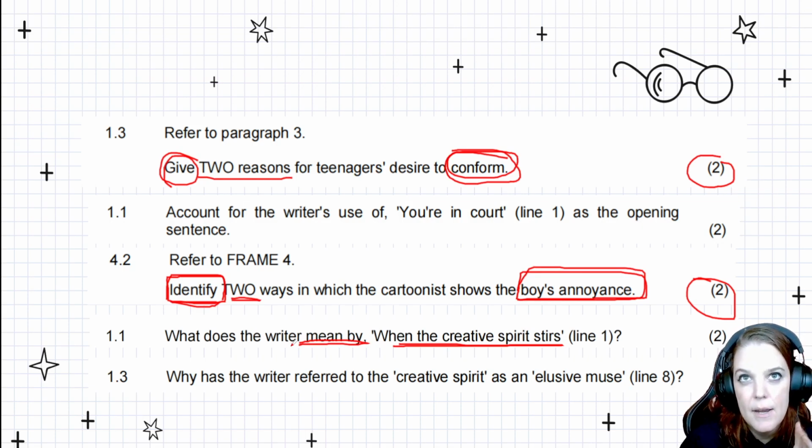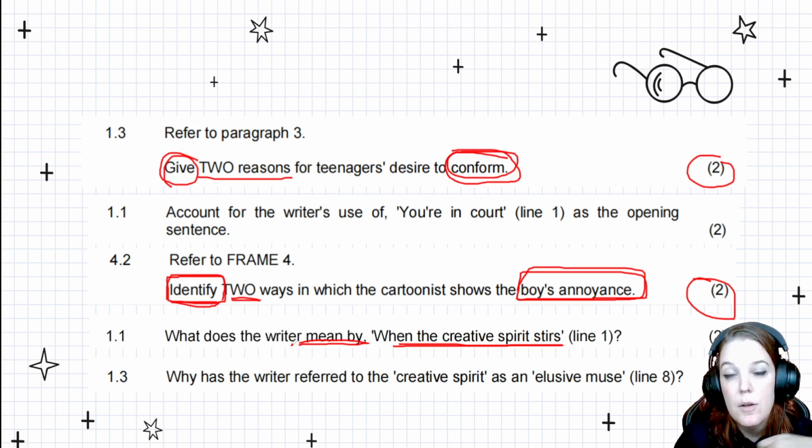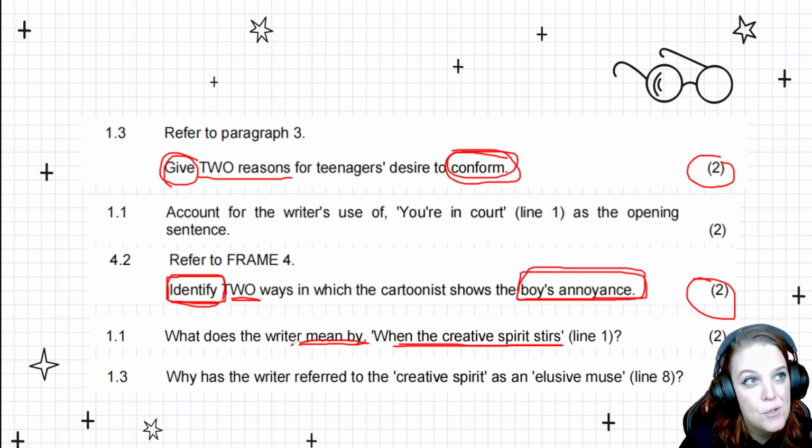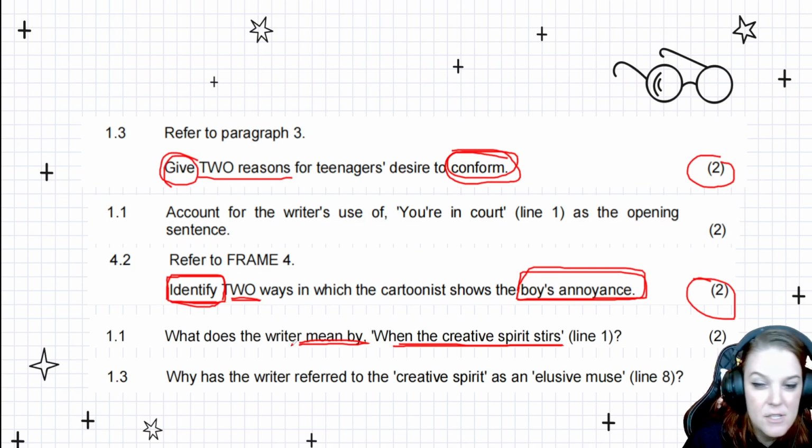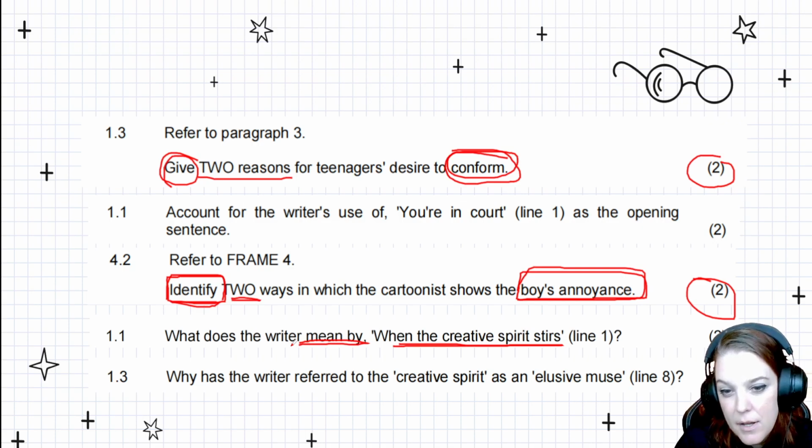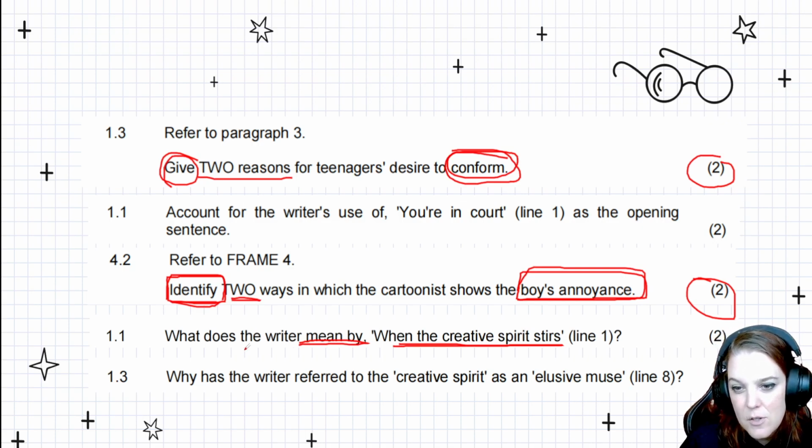Not saying, oh, maybe perhaps he's critically commenting on the creative juices that are flowing through the consciousness of younger minds. That's not really what they're asking us to do here. So again, stick to what is being asked here.